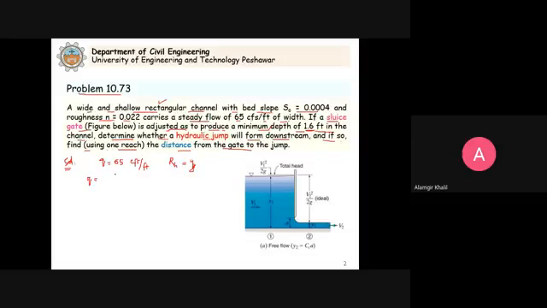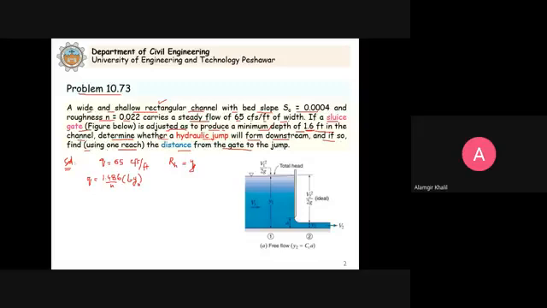Manning's formula in terms of discharge, taking care of the system of units, is equal to 1.486 divided by n, the Manning's roughness coefficient, into area. Because we have a rectangular channel, it would be the width of the channel into y naught, where y naught is the normal depth.